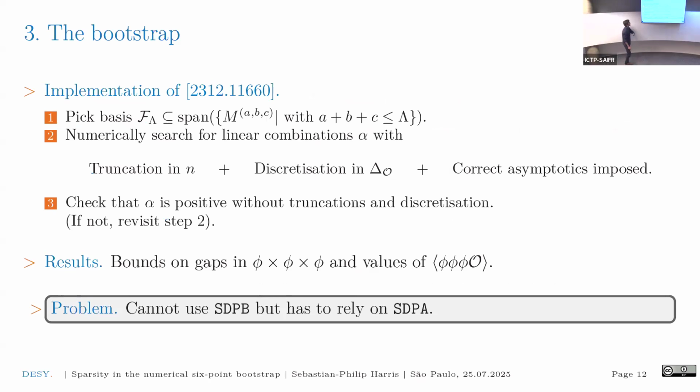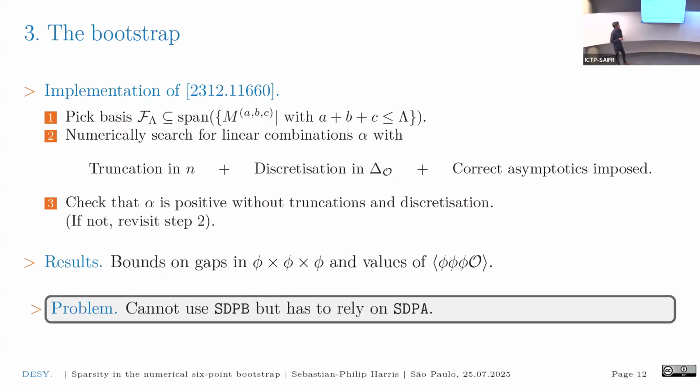But we succeeded in putting it into the computer and getting rigorous bounds in this paper with Antonio. And I'm not going to say a lot about this. I'm just going to say the method that we used was some truncation scheme where it was very important that we have a good understanding of asymptotic conditions that need to be imposed on top of the truncation.